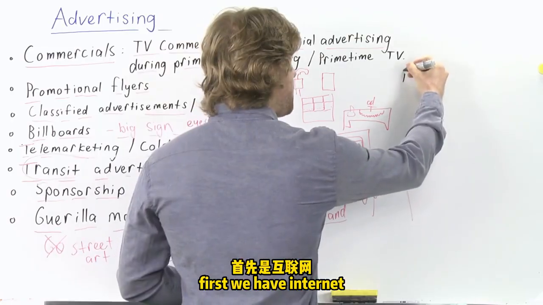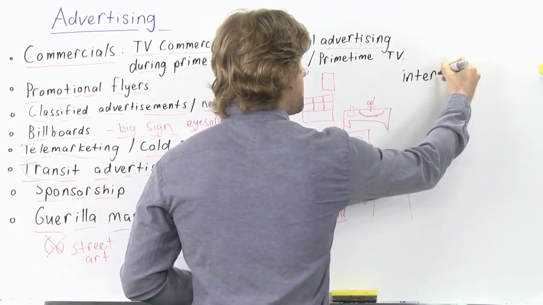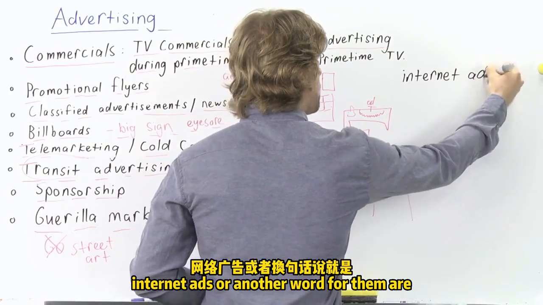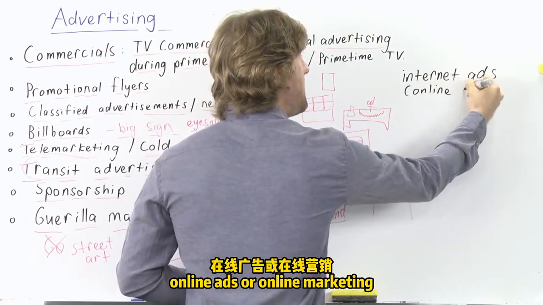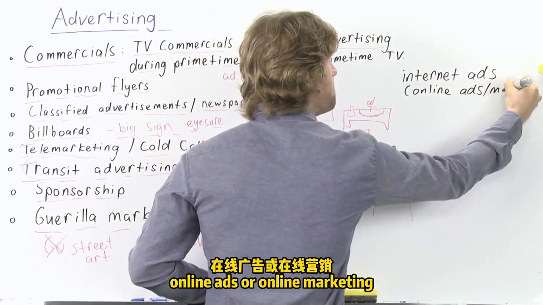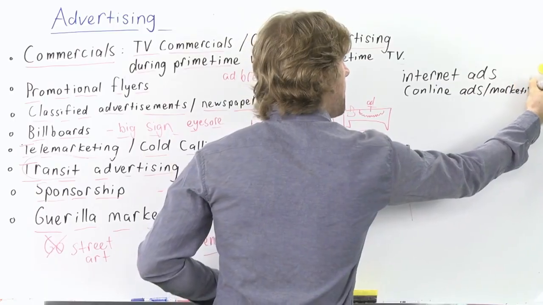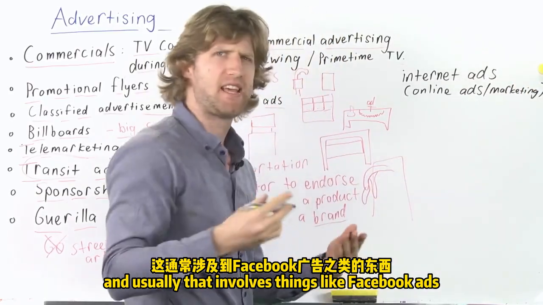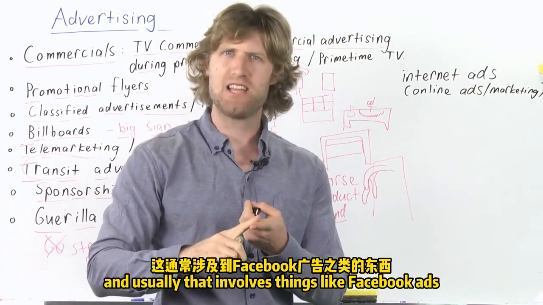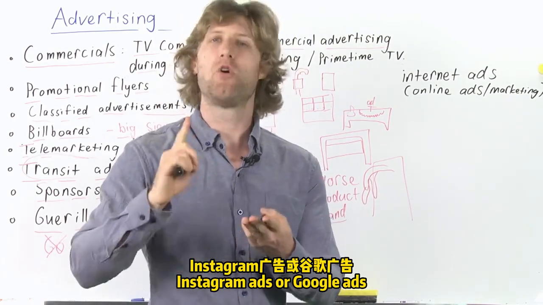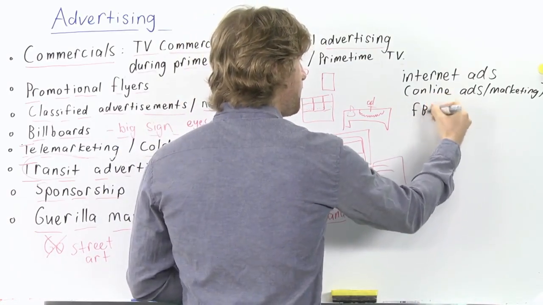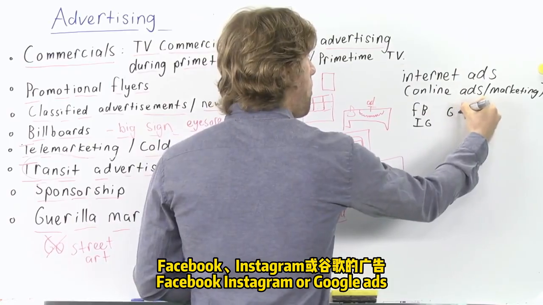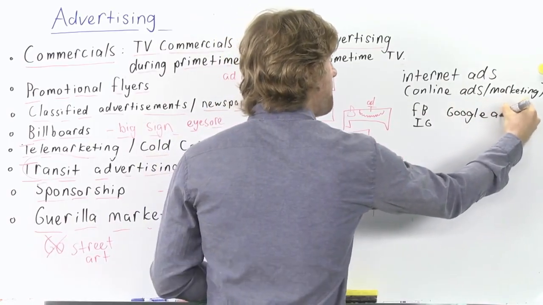First, we have internet ads, or another word for them are online ads or online marketing. And usually that involves things like Facebook ads, Instagram ads, or Google ads. So we can just write here Facebook, Instagram, or Google ads.